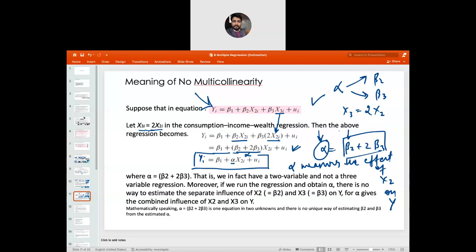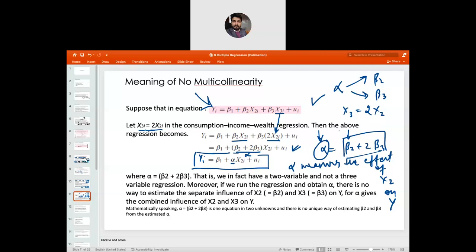What you will get is a consolidated alpha, which contains both the effect of X2 on Y and the effect of X3 on Y. So a combined influence of X2 and X3 on Y is captured by alpha, right? You can't separate the influence of X2 and X3 on Y. That's the problem when you have multicollinearity.